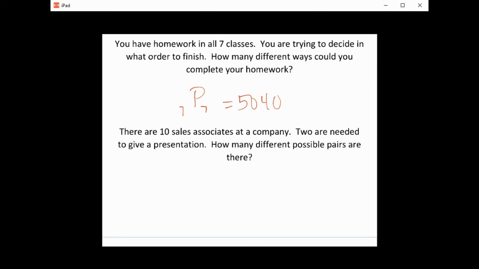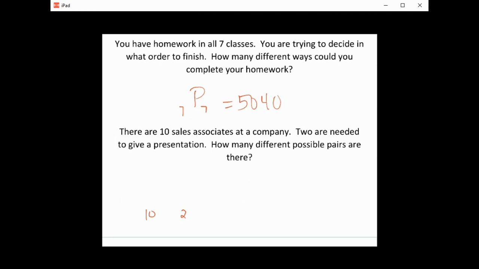So essentially, based on the situation presented, you're choosing a specific number out of a group. Here we're choosing 2 representatives out of 10. So I know the numbers are going to be 10 and 2. But I just have to figure out, is it a permutation or a combination?